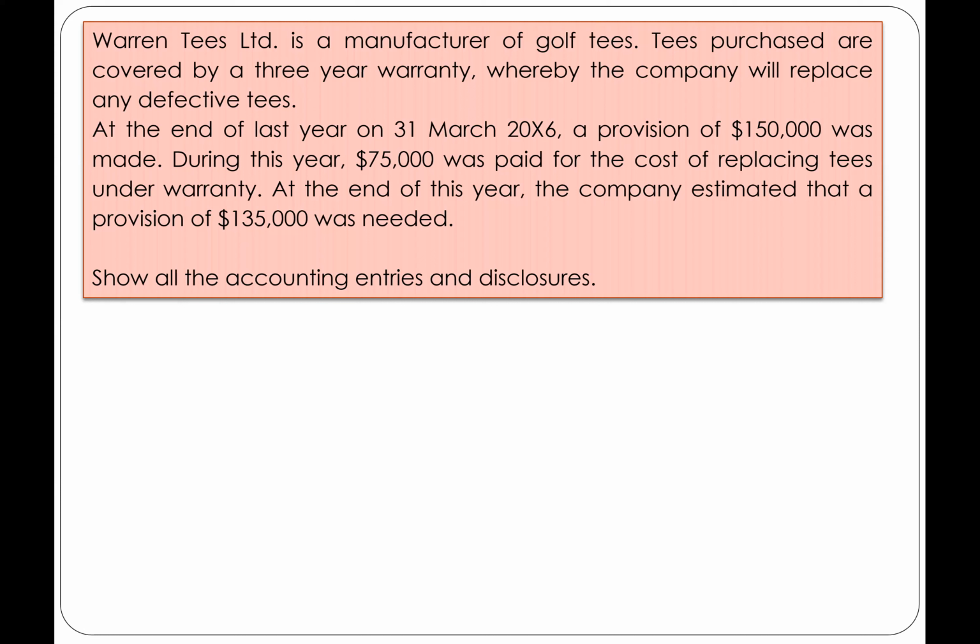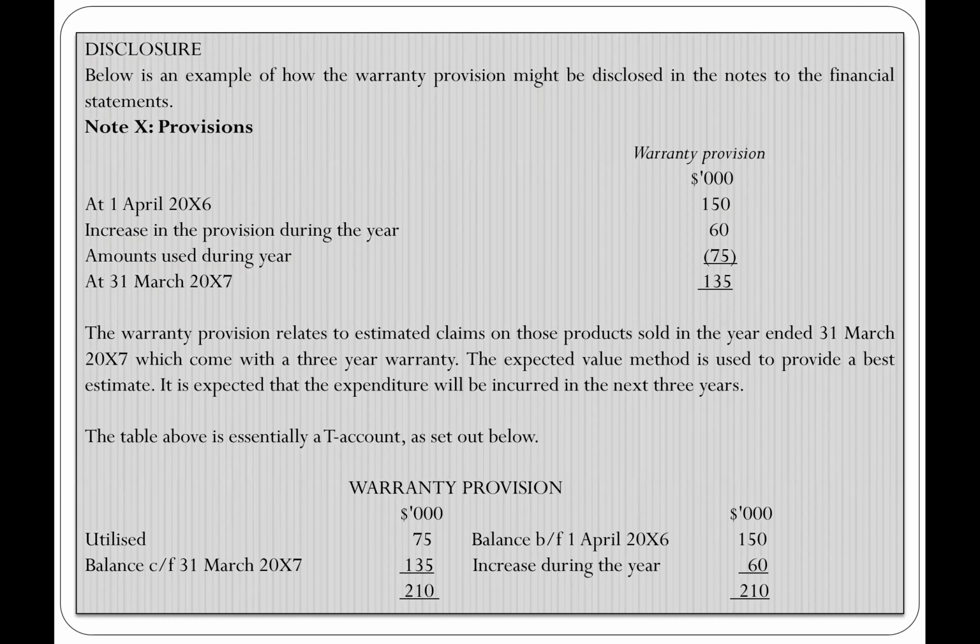At the end of the current year, we estimated the provision that we needed to be 135,000, which is the reason why we made an additional entry to the provision account of 60,000 so that we can increase our provision from 75,000 to 135,000. You can actually put a table that explains this for the benefit of the users of the financial statements. So this is an example of how we can create a disclosure note that explains this scenario.